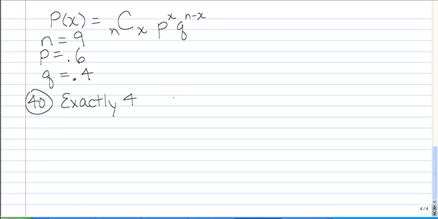So we're going to use the probability of 4, where x is 4, is combinations of the 9 taken 4 at a time, times 0.6 to the 4, times 0.4 to the 9 minus 4, which is 5.